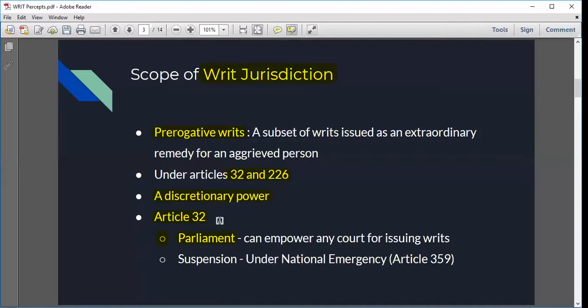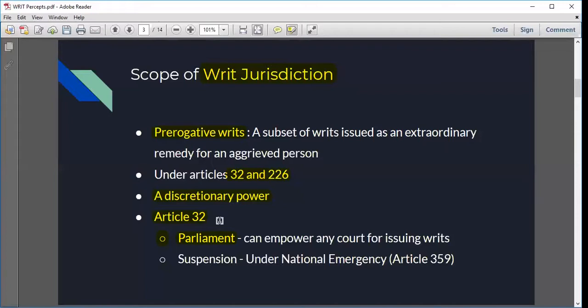Now apart from this, Parliament has the power to give this power to issue writs. Okay, so let's say Parliament can authorize a third court, which can be any court, which can be a tribunal, okay, to issue writs, right? But we need to have in mind that in such cases it cannot be against the Supreme Court.